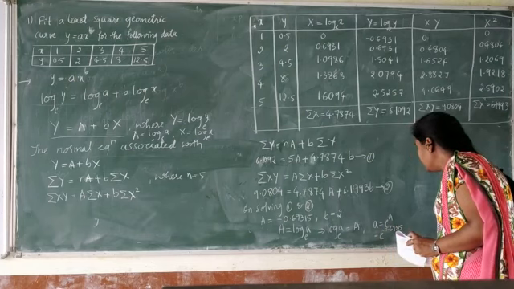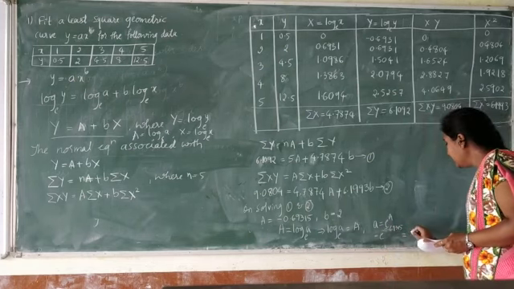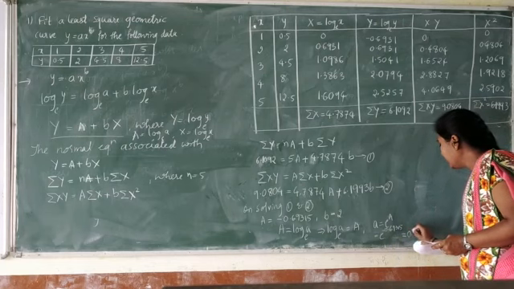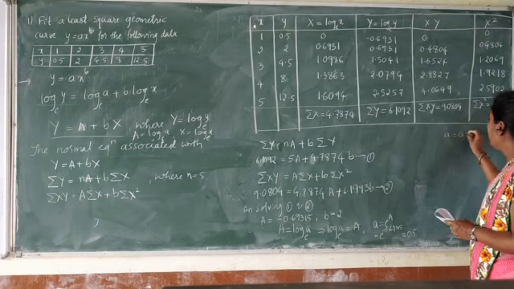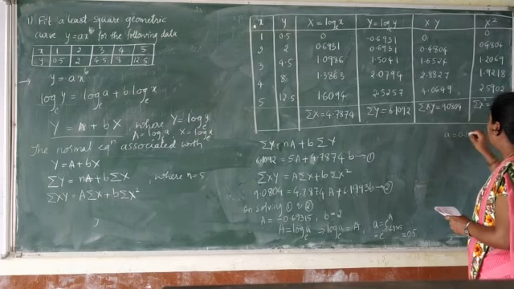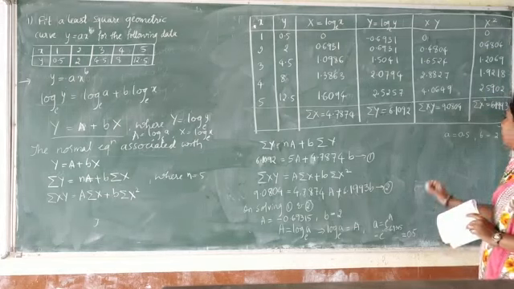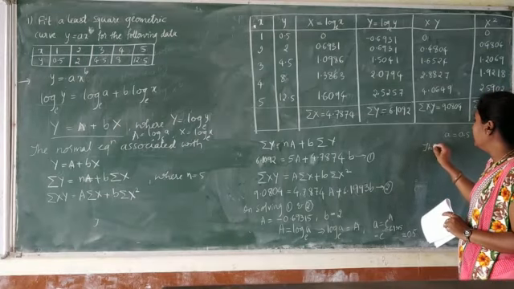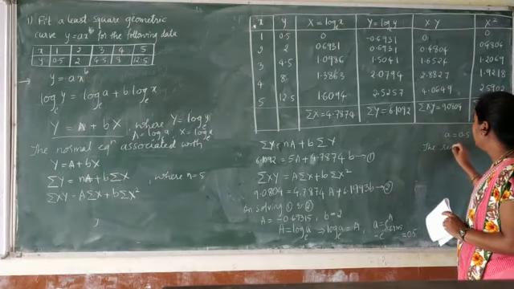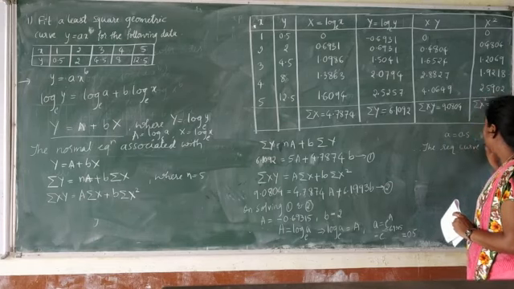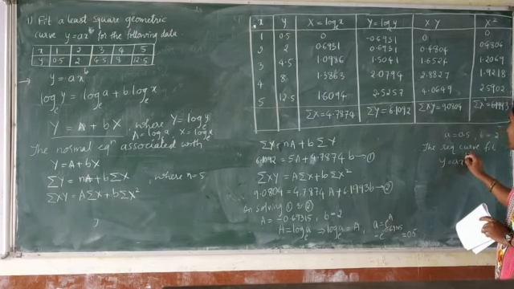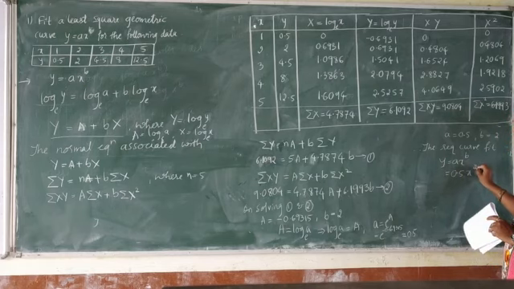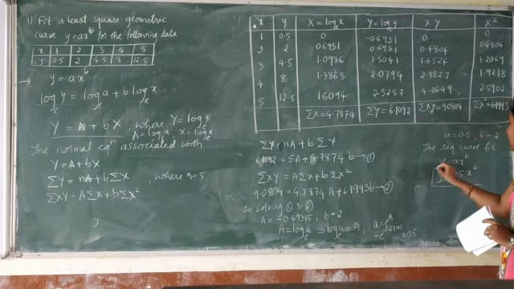This gives small a value as 0.5, and small b is equal to 2. Therefore, the required curve fit y equals a x raised to b is y equals 0.5 into x raised to 2. This is our required curve fit.